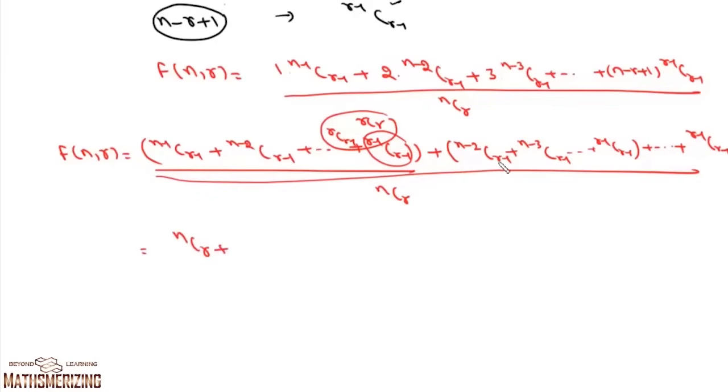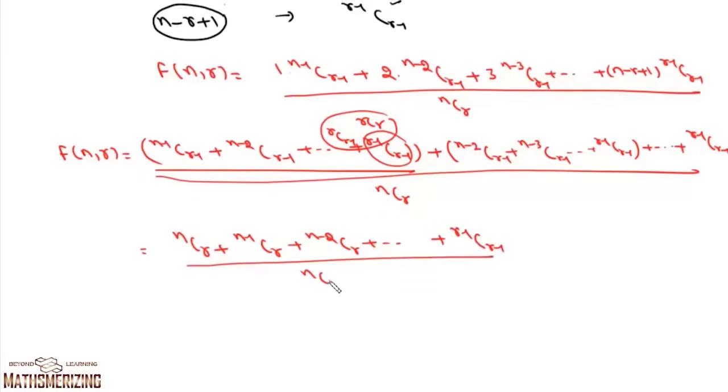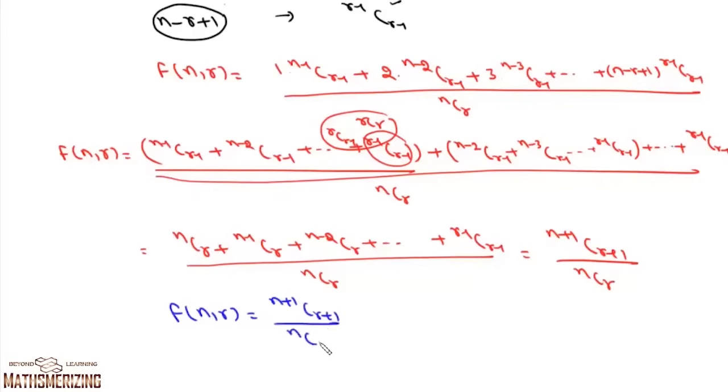In the same way, the sum of this series will be n minus 1 CR, n minus 2 CR, up to R minus 1 CR minus 1, upon nCR. Now we again use the same property here. The series again sums to n plus 1 C R plus 1 upon nCR. So this F(n,R) is n plus 1 C R plus 1 upon nCR.